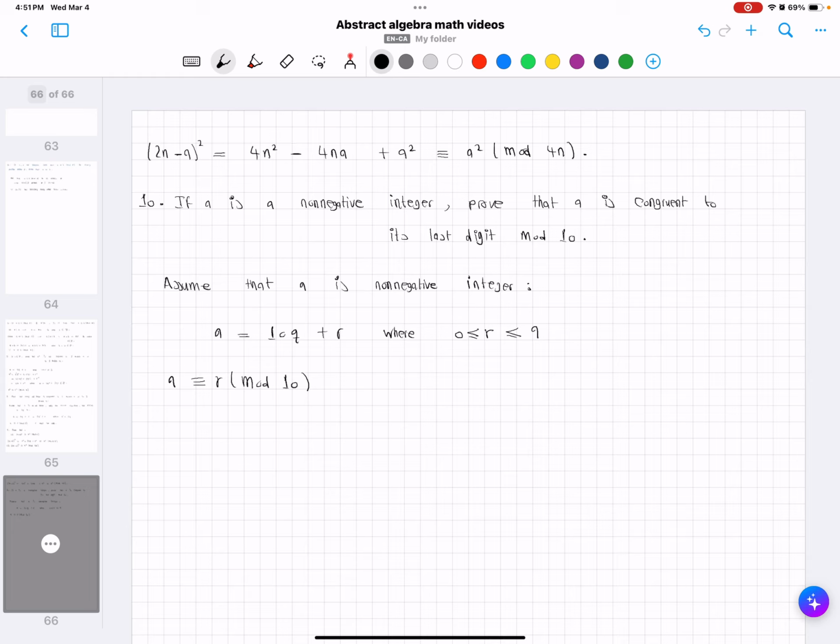Well, the guarantee is that you can always subtract multiples of 10 from the number, and once you reach a certain subtraction, you arrive at the last digit. So you can prove that this r is really the last digit of the number. Yeah, exactly. So that's the main idea.